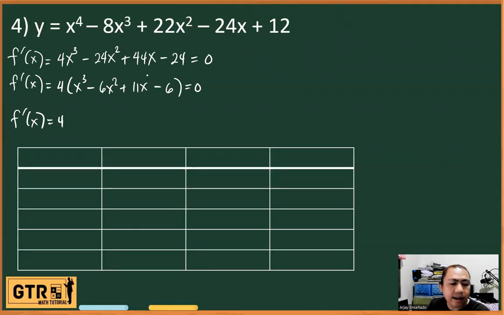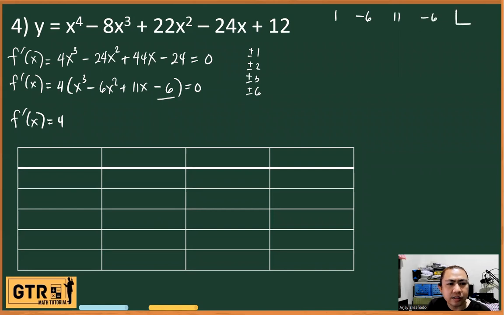So ang itatry natin by rational zero theorem ay yung mga factors of negative 6 over factors of 1. So ang pwede nating itry plus or minus 1, plus or minus 2, plus or minus 3, plus or minus 6. So kuhanin lang natin ang mga coefficients. So we have 1, negative 6, 11, negative 6.